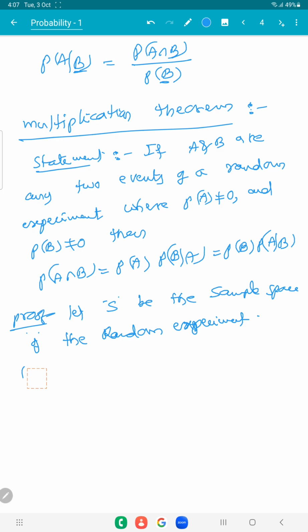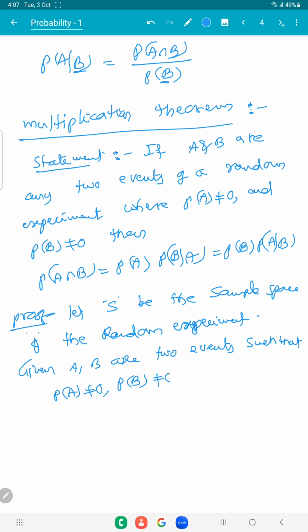Given A and B are two events such that P of A is not equal to 0, P of B is not equal to 0.